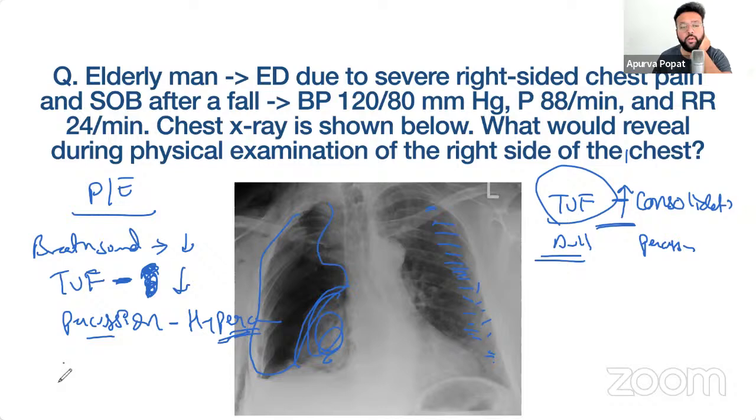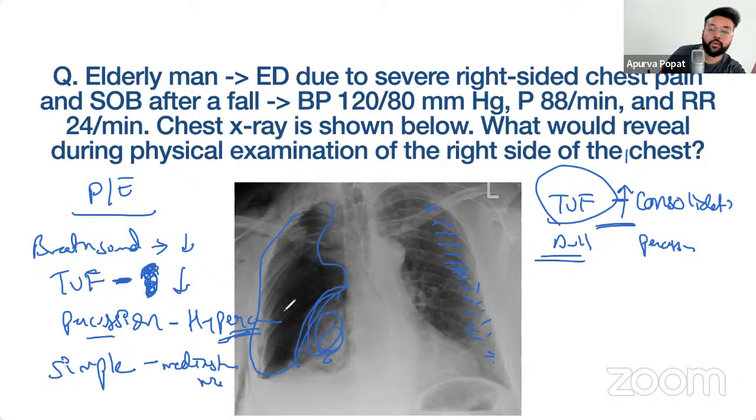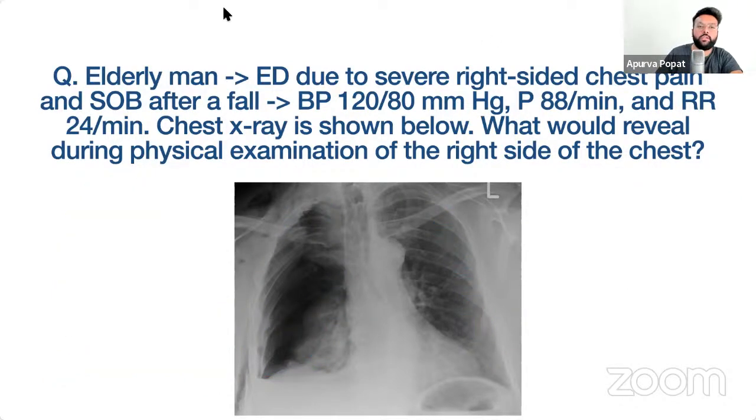If it is a simple pneumothorax, where is the mediastinal shift? Either there is no shifting or there is a shift towards the side of the lesion. In consolidation, if it's a small consolidation, do we expect any shift? No. Perfect, no shift. So that's your physical exam question. Do you think you should insert a chest tube in this patient?